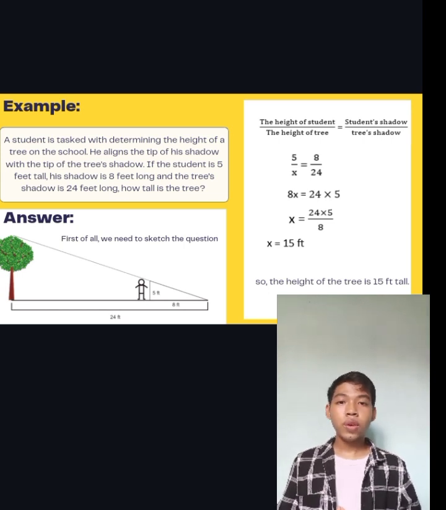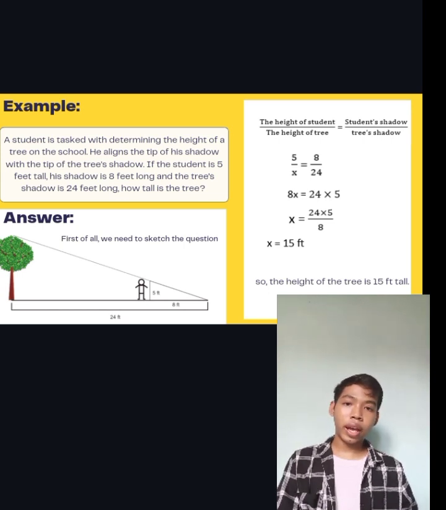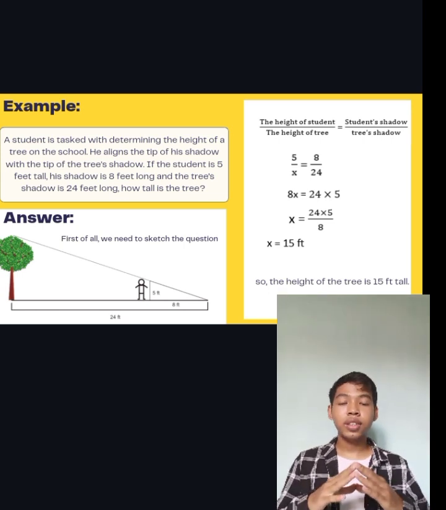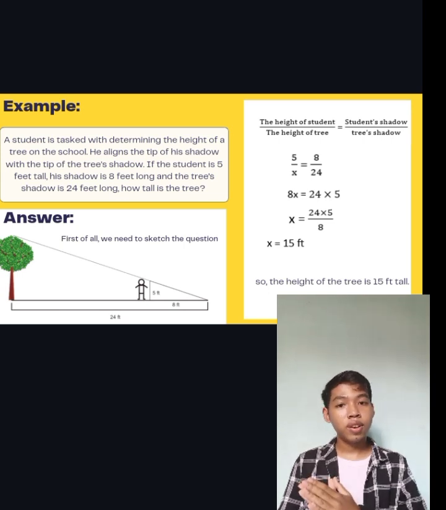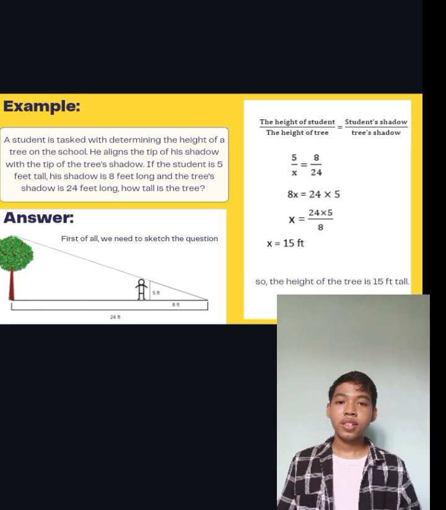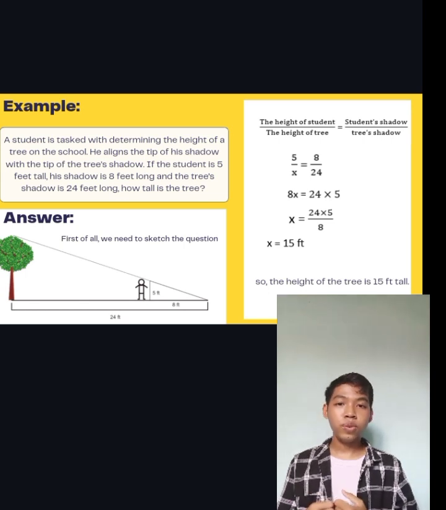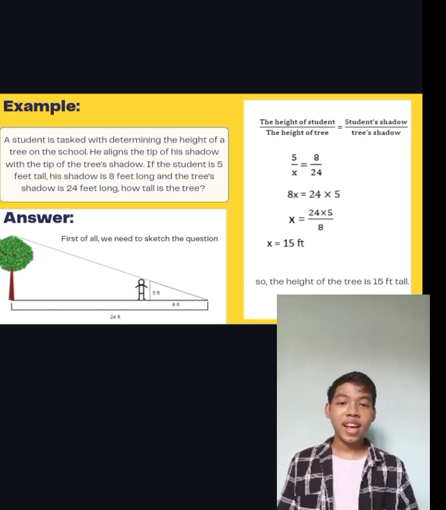Okay, now we know that the student's triangle and the tree's triangle are similar. So we can use the first step from the first question. The first step is we will look for the side lengths that have the same proportion. Can you help me to find it?